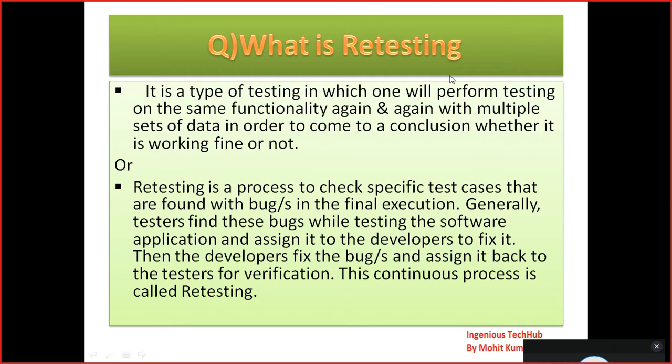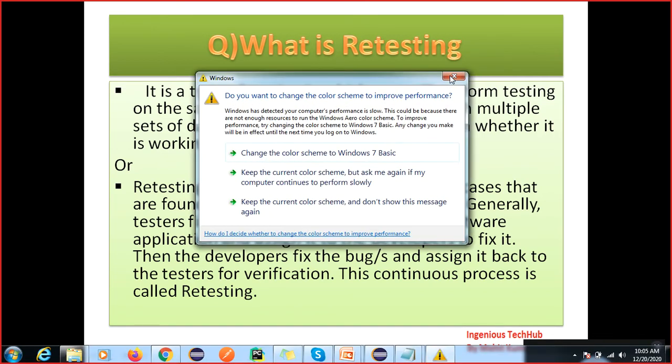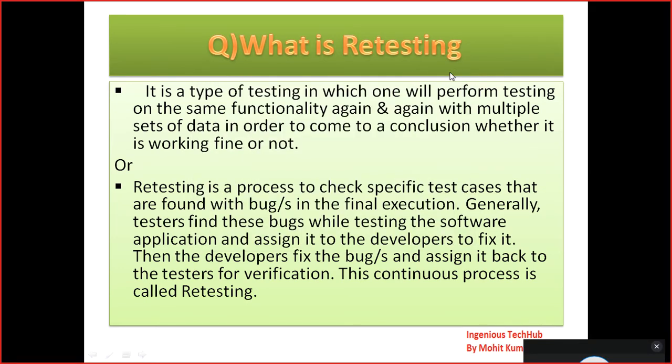Or retesting is a process to check specific test cases that were found with a bug in the final execution. Generally the tester finds a bug while testing the software application and assigns it to the developer to fix. Then the developer fixes the bug and assigns it back to the tester for verification. This continuous process is called retesting.